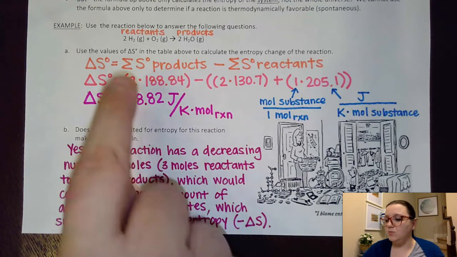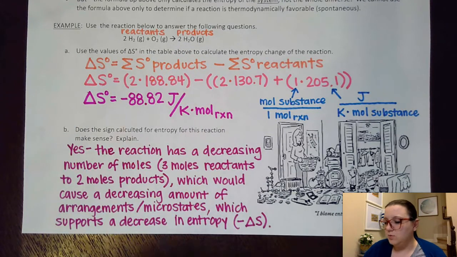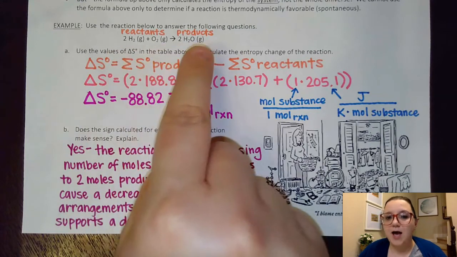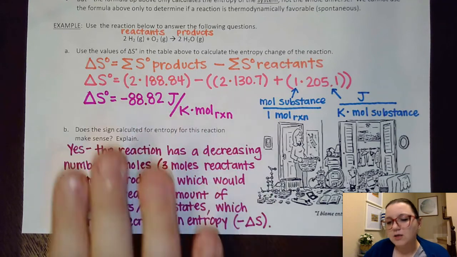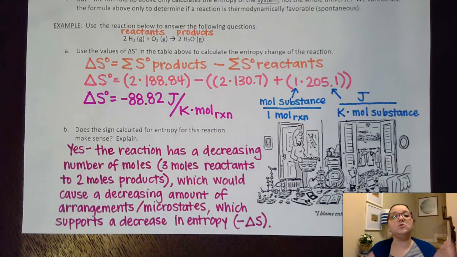However, I'm going to tell you something about this reaction here. I know we see a decrease in entropy, but what if I told you that this reaction is spontaneous? It is thermodynamically favorable. If I have hydrogen gas and oxygen gas, they will naturally react to make water without a lot of outside intervention. And the reason why is because I'm not taking into account here what's going on with the surroundings.